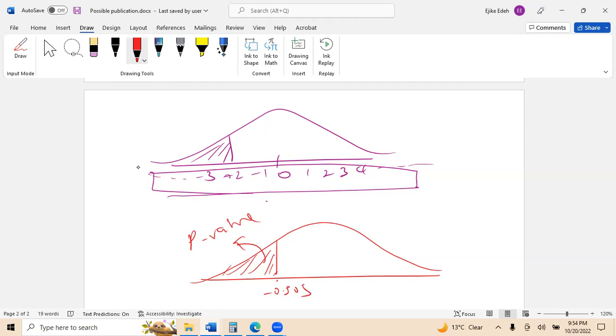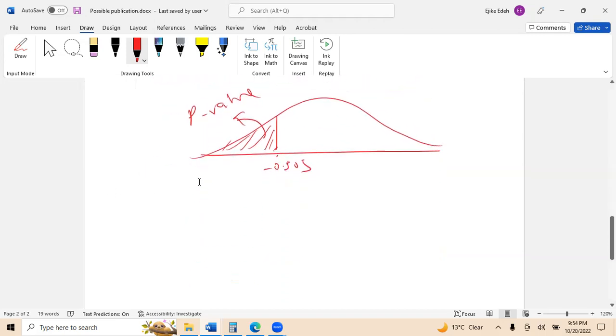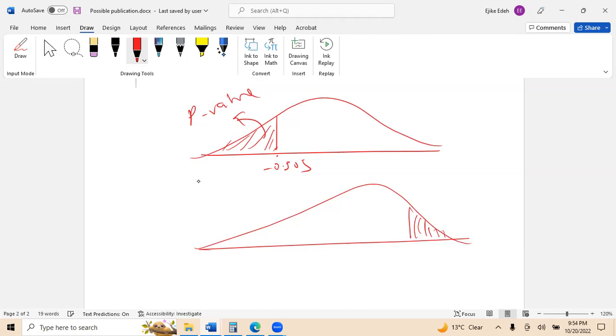The equivalent right tail will be the same shape, but my shaded area will be on the right tail. So if I pick the same value, but the positive one, 0.505, the p-value, this shaded area, will be equal. If you start from the same point and shade to your right, you are getting the same thing. So if your test statistic just switches sign, the area they cover in the tail will be equal.